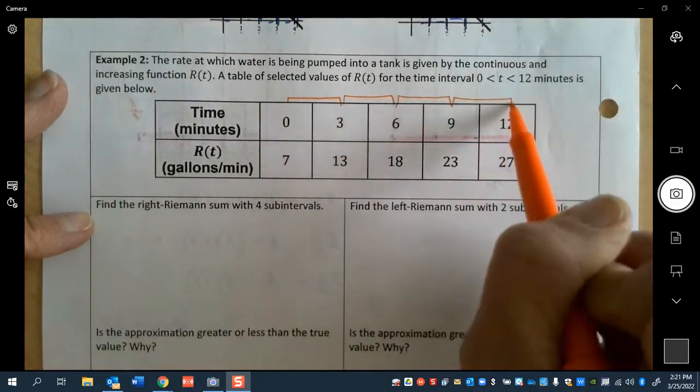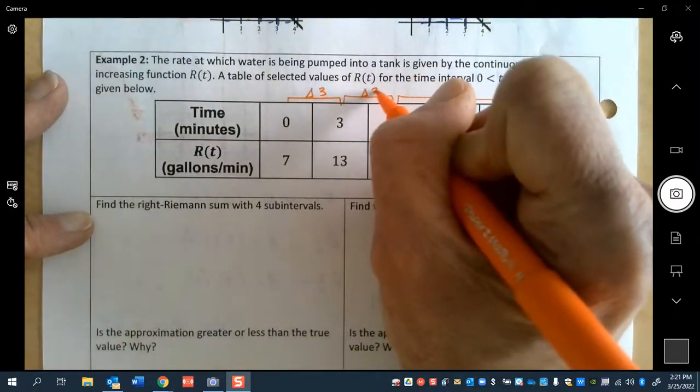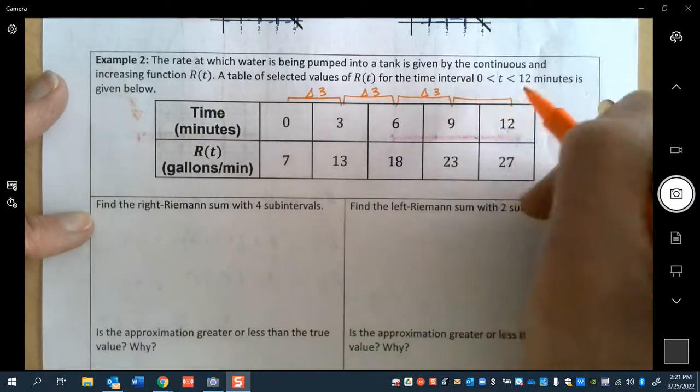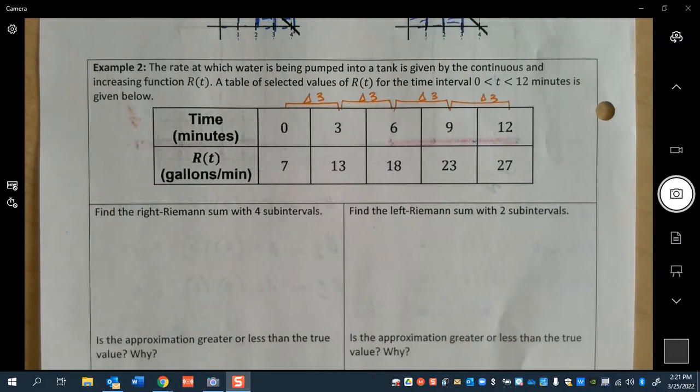From 9 to 12 is another. And they all have a change in time of 3. I want you to picture that as the width of your rectangle. Are you okay with that? Say yes. Yes. Okay.